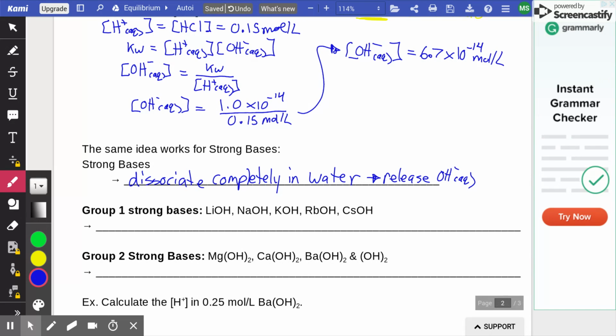Group 1 strong bases, when they dissociate, produce 1 mole of OH for 1 mole of base. That's because if we look at something like lithium hydroxide, for 1 lithium hydroxide there's only 1 OH. Our group 2 strong bases, though, are going to produce 2 moles.